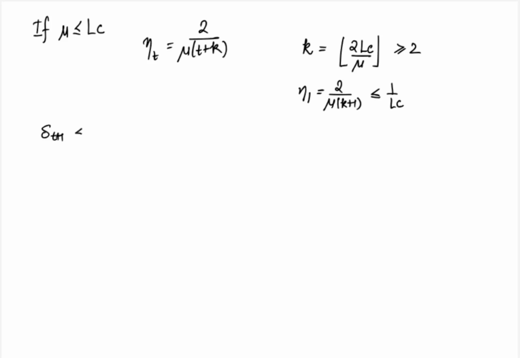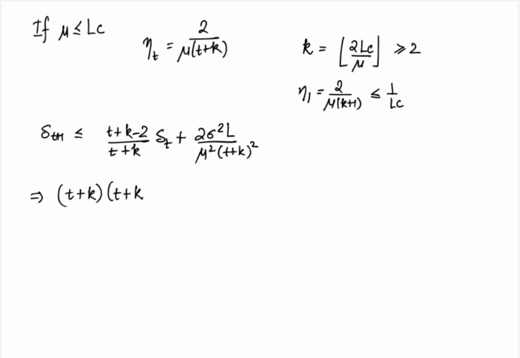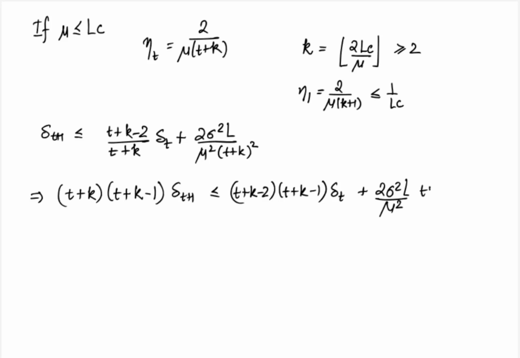The recursion becomes delta t plus 1 less than or equal to t plus k minus 2 by t plus k into delta t plus 2 sigma square L divided by mu square times t plus k square. So we can again multiply both sides by t plus k into t plus k minus 1. That gives us t plus k into t plus k minus 1 delta t plus 1 less than or equal to t plus k minus 2 into t plus k minus 1 delta t plus 2 sigma square L by mu square into t plus k minus 1 divided by t plus k.